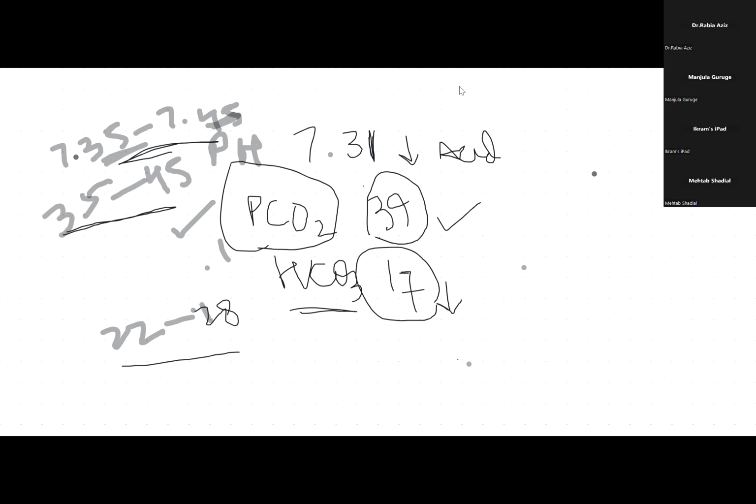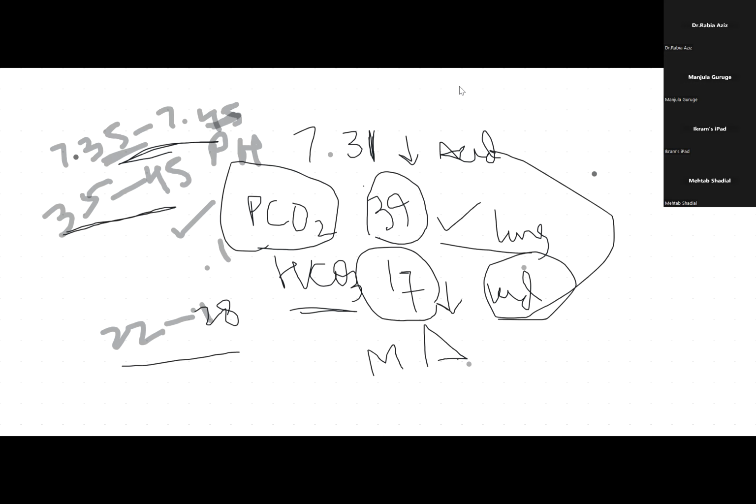This is kidney, this is lung. So is this metabolic acidosis? Yes, it is metabolic acidosis. Understood? If any queries, please raise your hands.